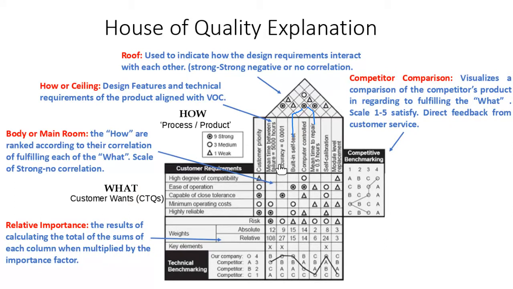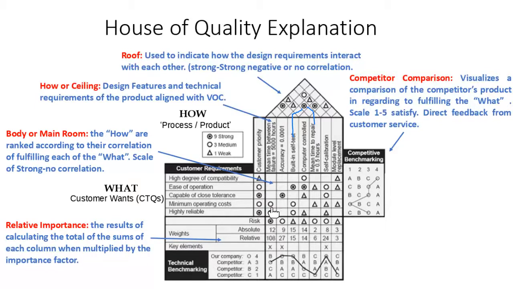Also, for the mean time to failure, there is a medium relation with the minimum operating cost, because if you think about it, the maintenance cost will increase if there is a high mean time to failure. So there is a medium relation between this feature and the customer requirements about the operating cost.